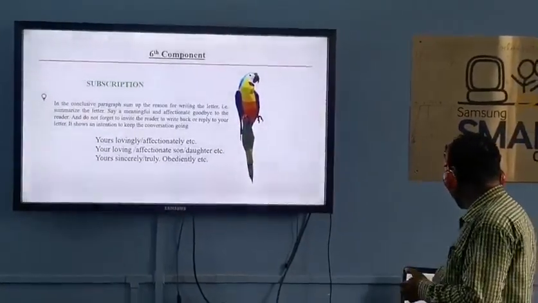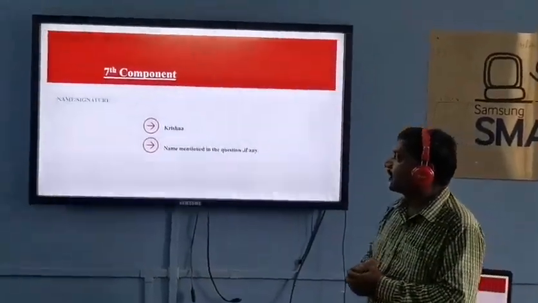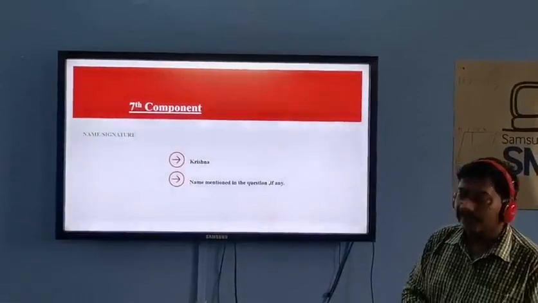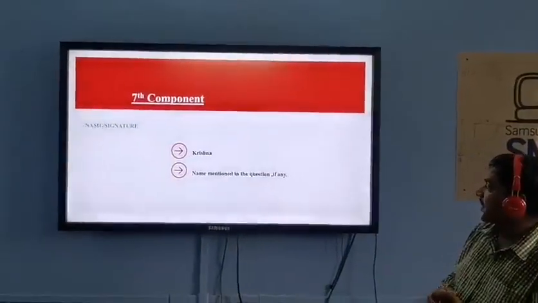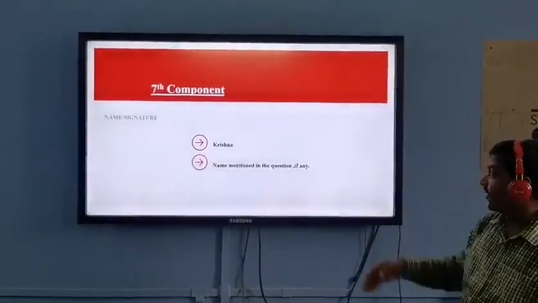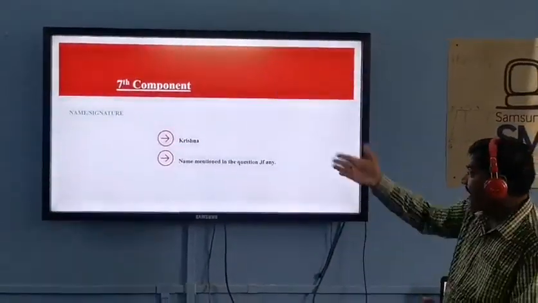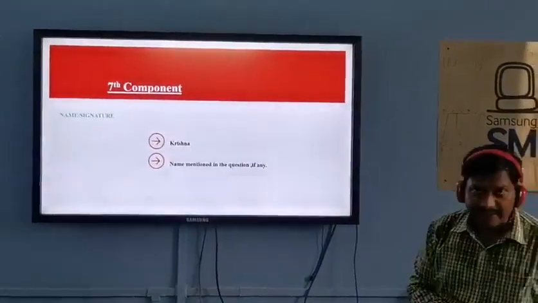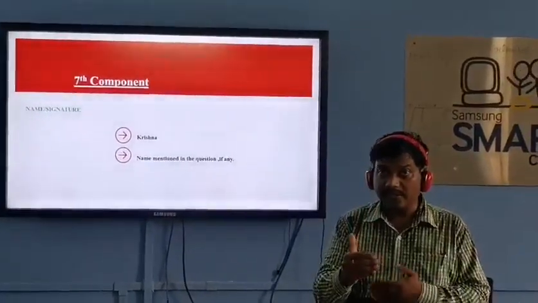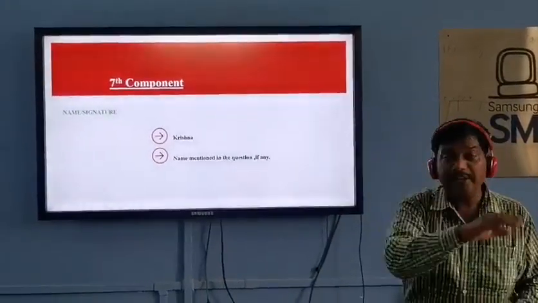And the last one is your seventh component, that is name and signature. Here you can see the example. If your name is Krishna, you have to write Krishna, just after yours carefully. And if the name is given in the letter or in the topic of the letter, you have to write that very name.